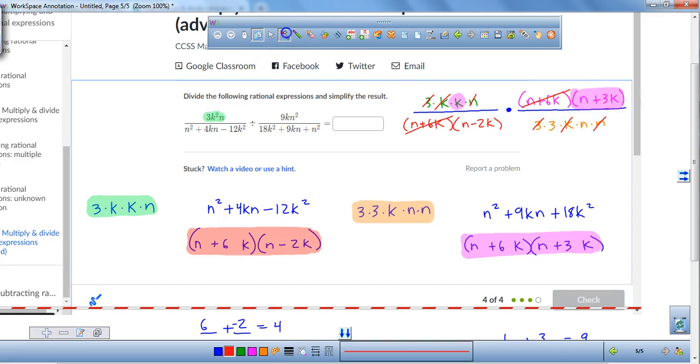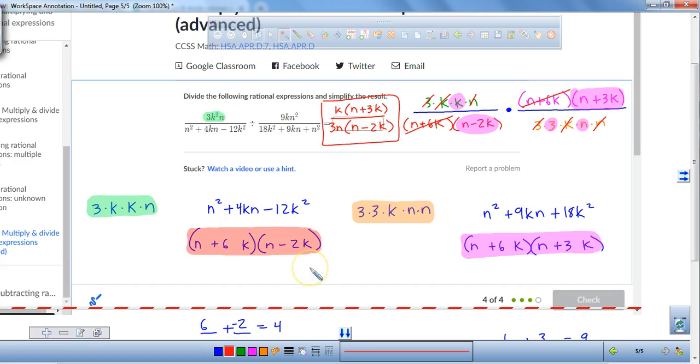So in the numerator, I'm going to do k parentheses N plus 3k. And in the denominator, let's scan. We got an N minus 2k. It looks like we got a 3 and an N. So in the denominator I have a 3 and an N, and then I have an N minus 2k. And that's what I have left standing.